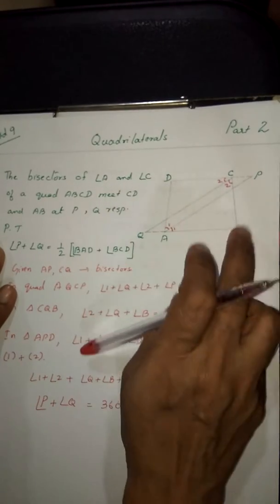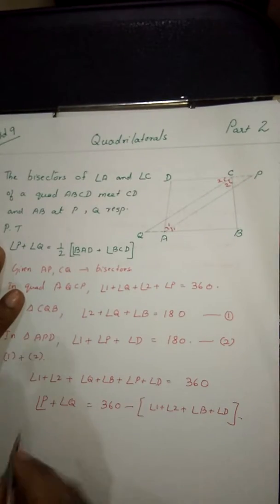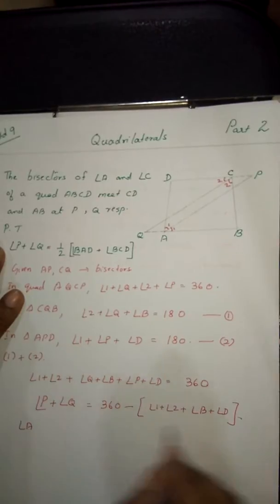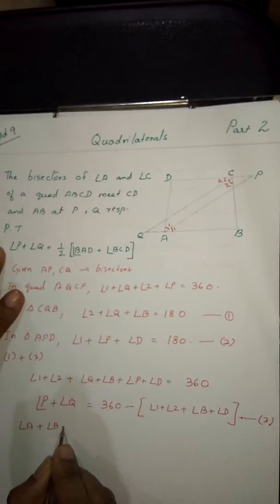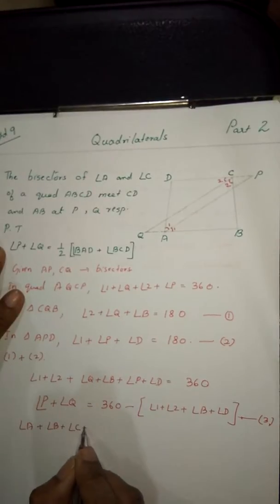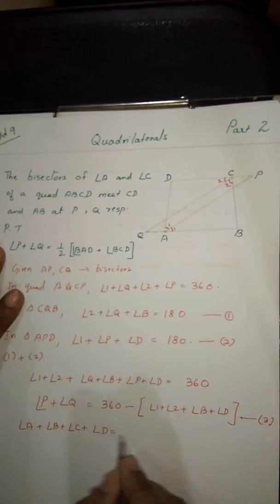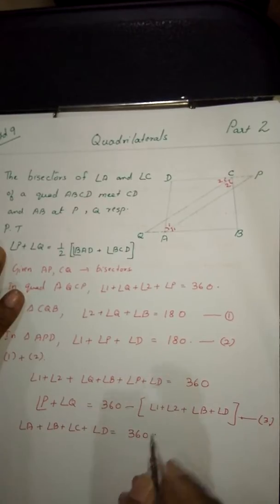Now we know angle A plus angle B plus angle C plus angle D is equal to 360.